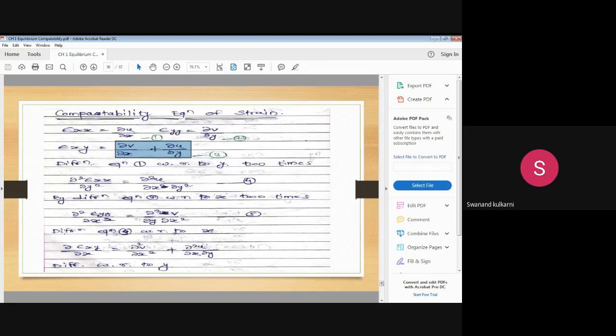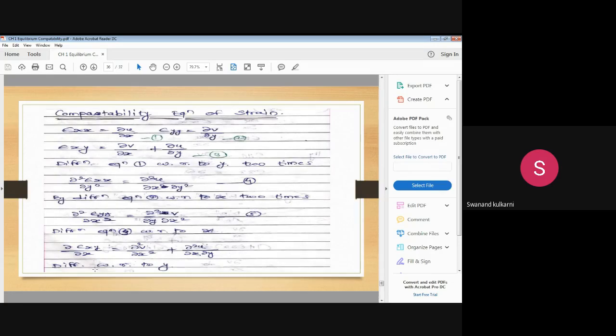Is it okay? This is the outcome of this differentiation with respect to x. So ∂epsilon xy/∂x is equal to ∂²v/∂x² plus ∂²u/∂x∂y. So this is the first differentiation of this epsilon xy.